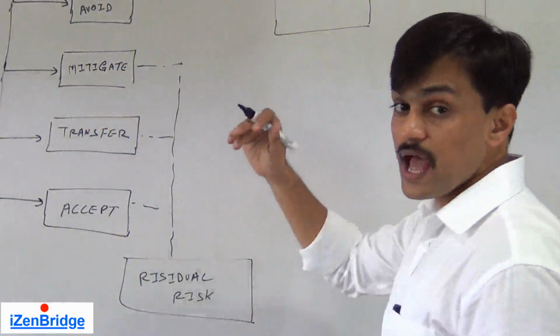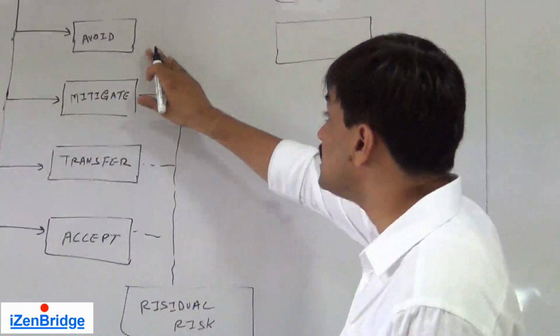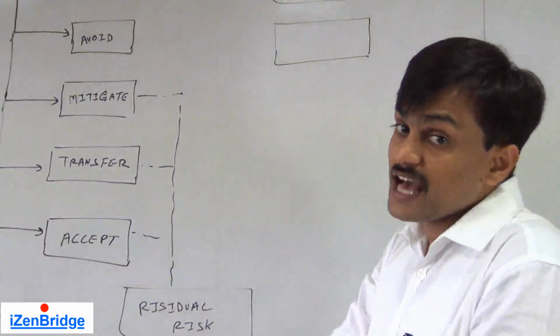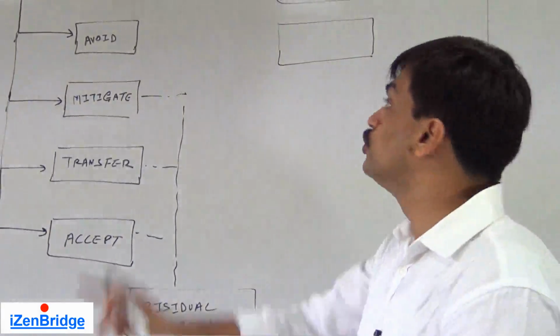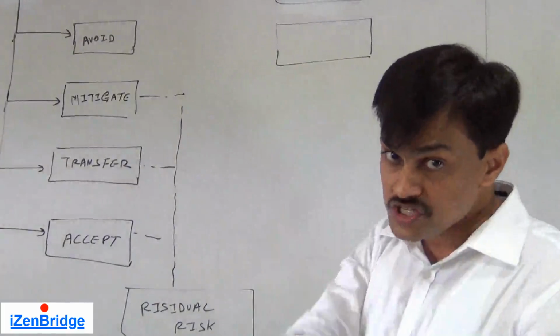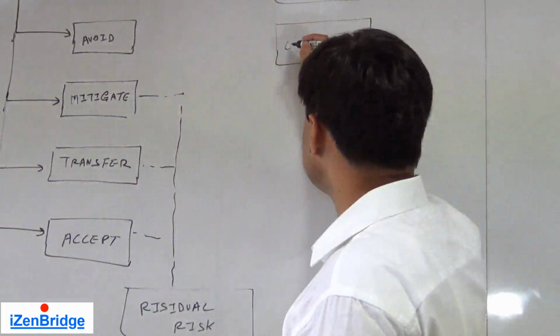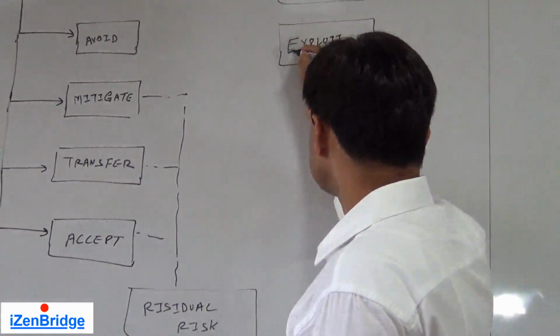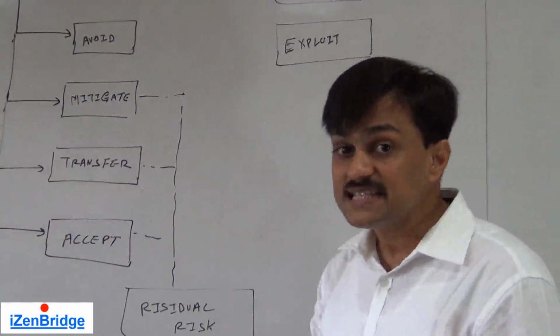So when we say exploit is an equivalent of avoid in a different sense. Exploit is something, make sure you get this risk, you get this opportunity in your project. So the first strategy is exploit. Make this happen.